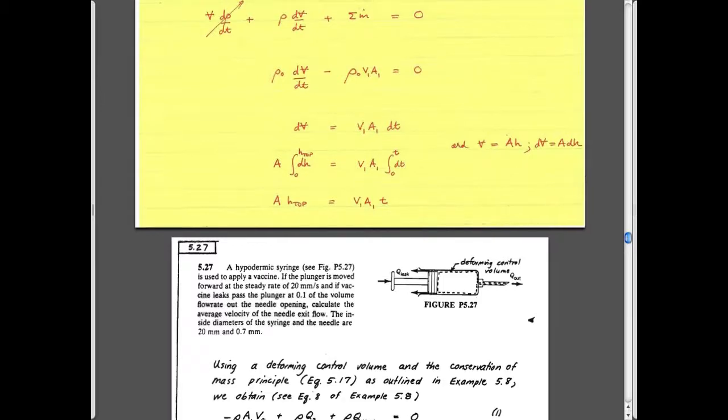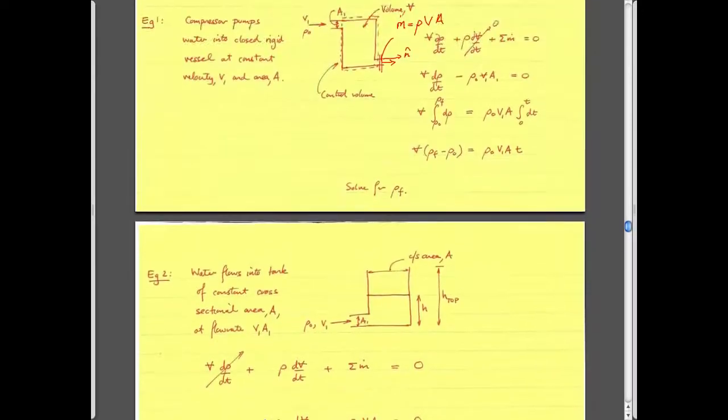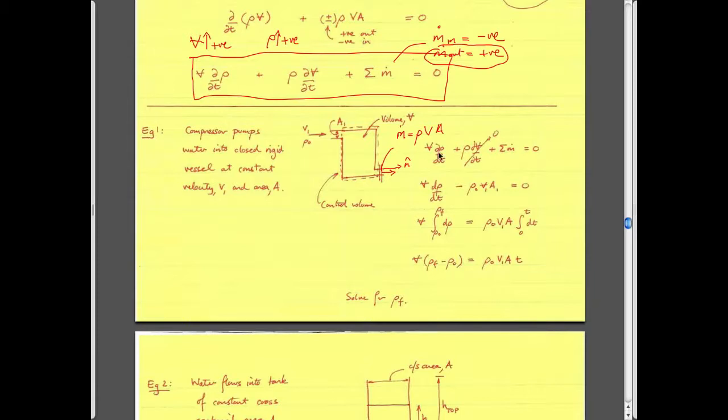Well, I guess the other thing is that I said before that the better way to think of this is to think of it as volume times density change plus density times volume change plus, I guess, yeah, all right.